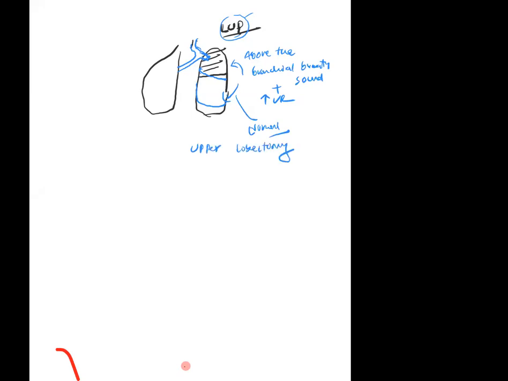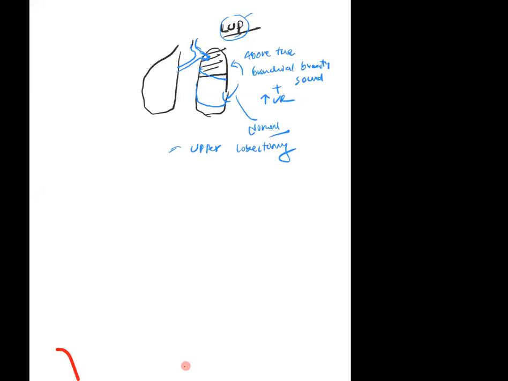This is the toughest case, a case of upper lobectomy. Above the scar you will find bronchial breath sound and increased vocal resonance due to shifting of the trachea. This shifting actually depends. If it is an acute patient, you will not find any shifting.